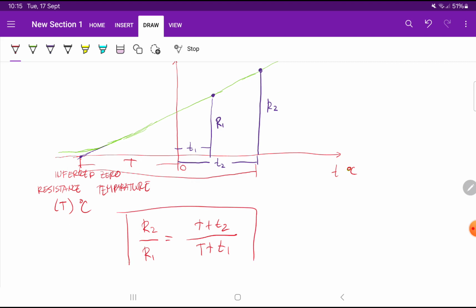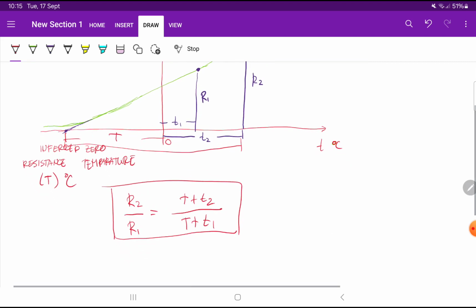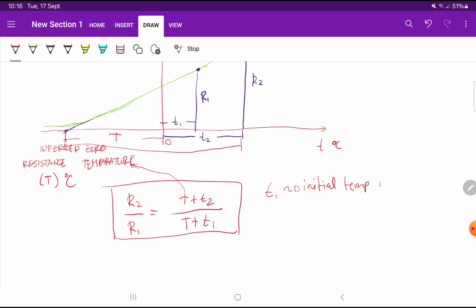And this is our formula that we'll be using, where T is the inferred zero resistance temperature, T1 is the initial temperature in degrees Celsius, T2 is the final or new temperature in degrees Celsius, and the corresponding resistance for T1 is R1, and for T2 is R2.